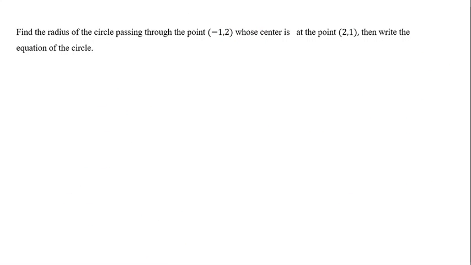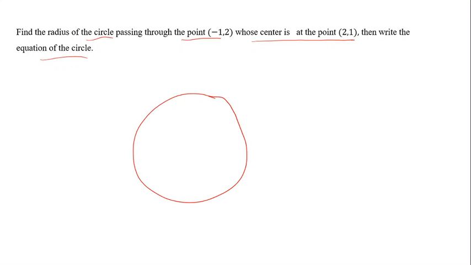So let's look at this question. Find the radius of the circle passing through the point minus 2, 1, whose center is at the point 2, 1, and then write the equation of the circle. Here is the situation. The radius is asked. What is the r?